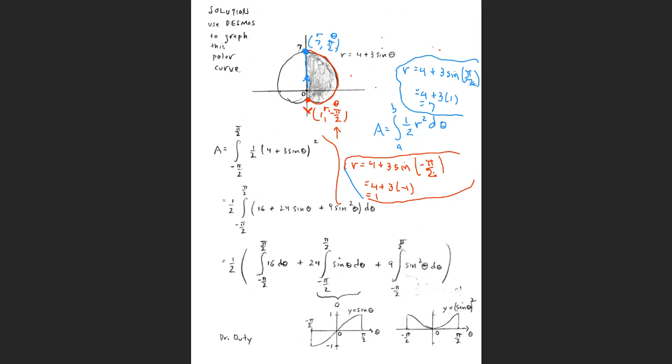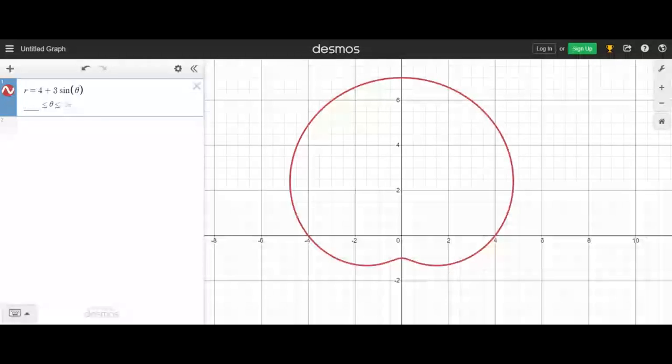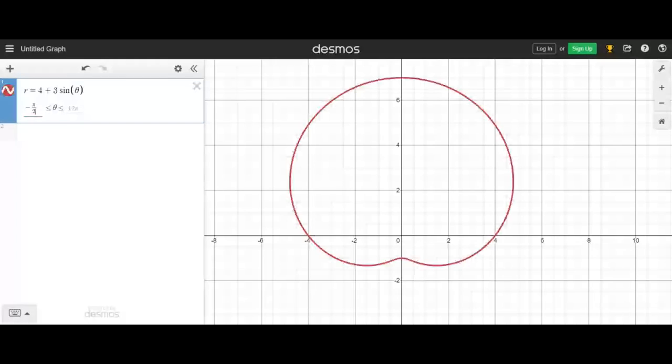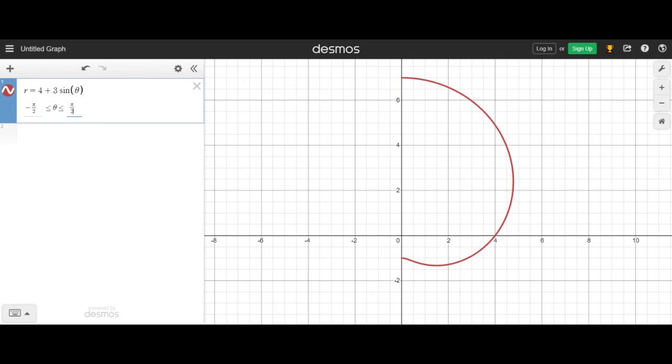I can go into Desmos here, and to confirm that, I can put in negative pi divided by 2 for the beginning angle, and then pi divided by 2 for the ending angle. And you see, it gives me the right half of the graph.